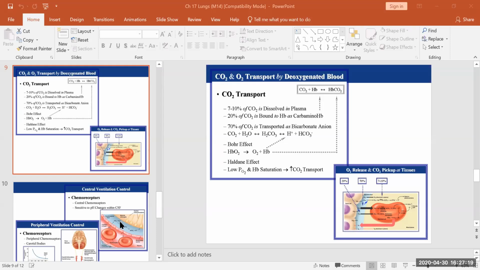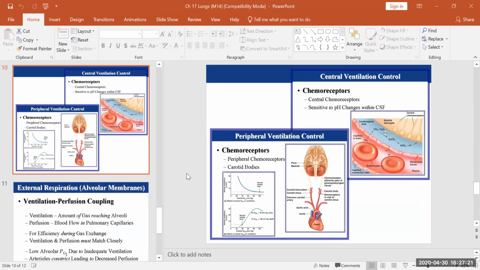So moving on to how we control ventilation. They are detected by chemoreceptors. These are peripheral chemoreceptors. They're located, for example, in the carotid bodies.